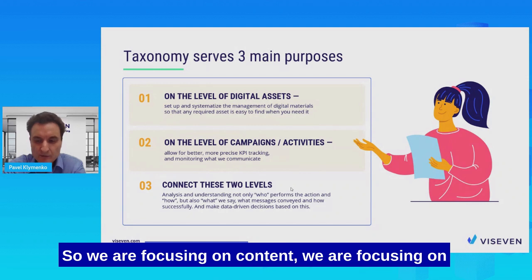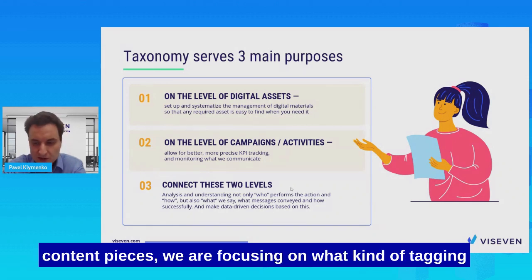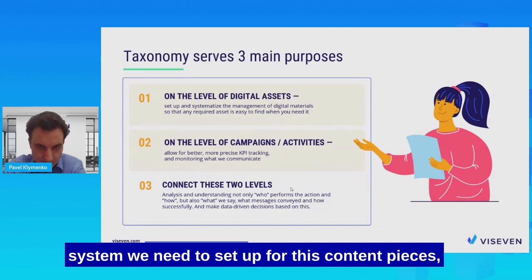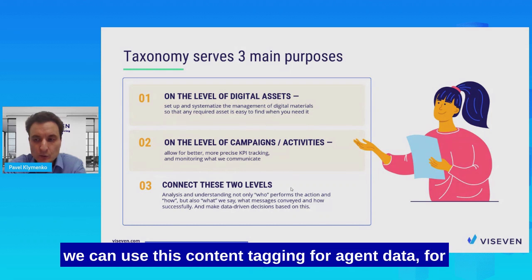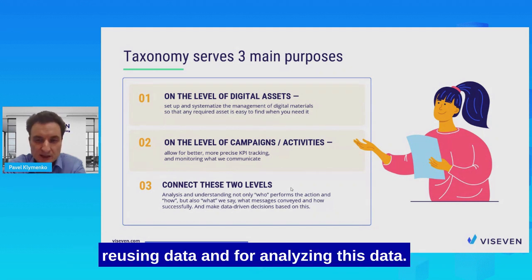So we are focusing on content pieces, on what kind of tagging system we need to set up for these content pieces, how to maintain it, how to support it, and how we can use this content tagging for aggregating data, for reusing data, or for analyzing this data.